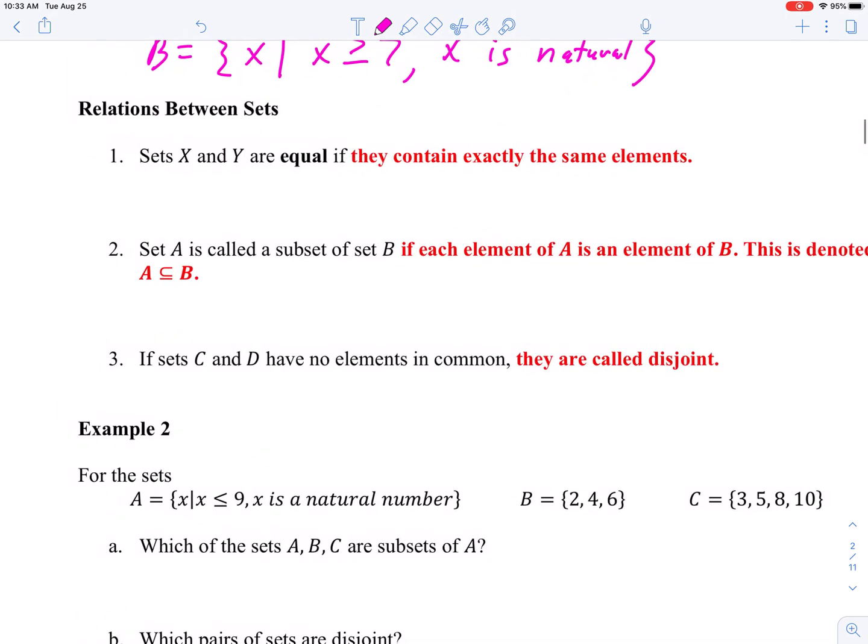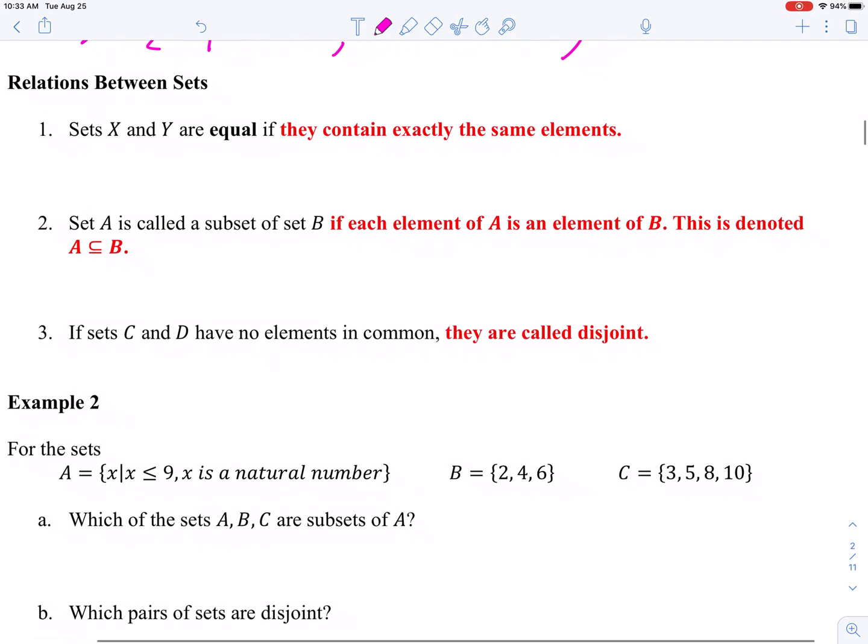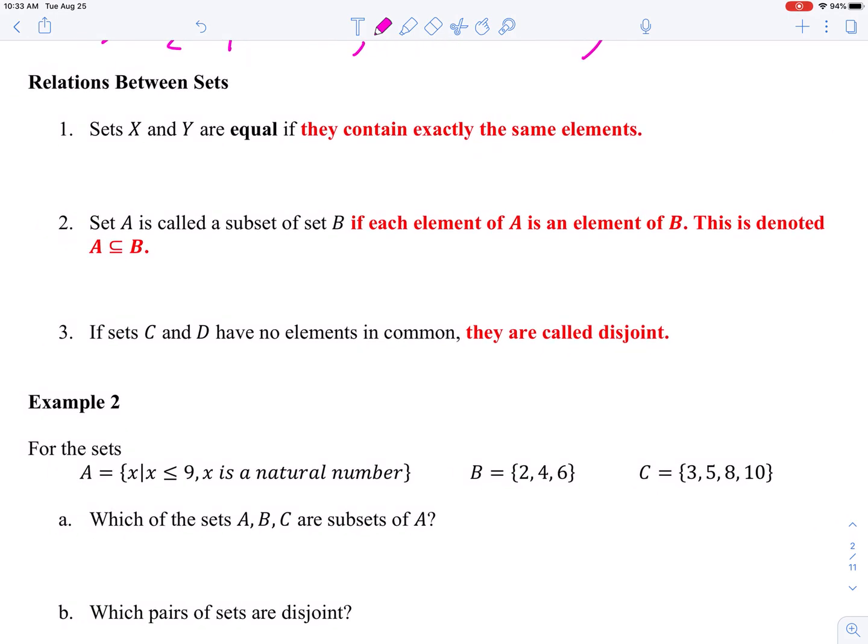Next we have relations between sets. Number 1: sets X and Y are equal if they contain exactly the same elements. That one's kind of easy, right? Equal means exactly the same. Number 2: set A is called a subset. So think of that word subset. Sub means below, right? Or smaller than.